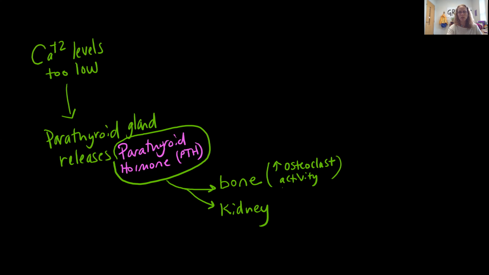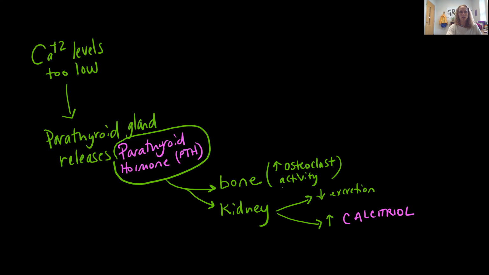At the kidney, remember, its job is looking at excretion. So if we don't have enough calcium, we don't want to get rid of any extra. So we're going to decrease excretion, and the kidney is going to make a second hormone, shown here in that same kind of pinky purple color, called calcitriol.